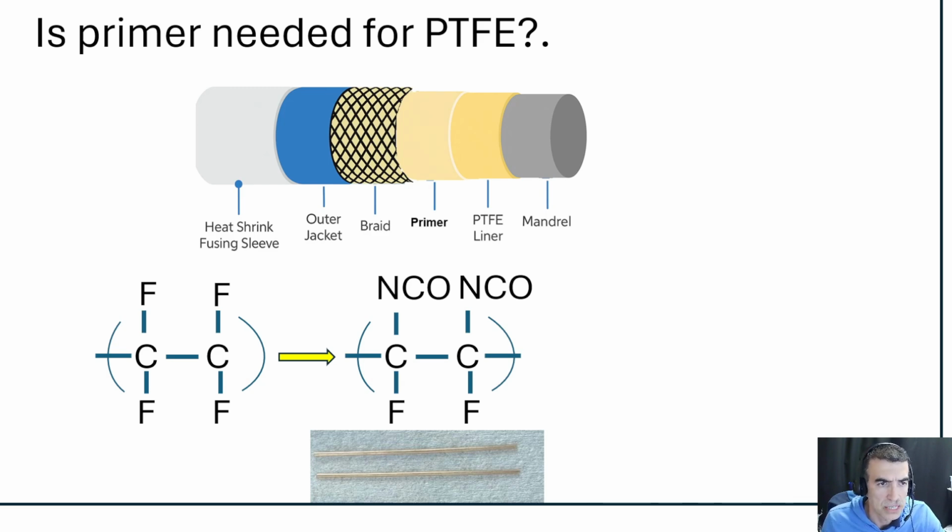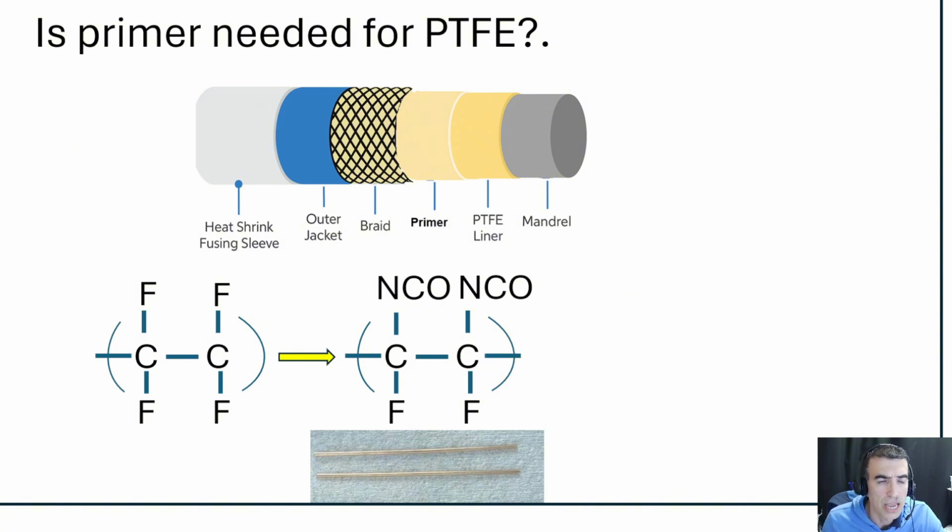When you knock off these 2 fluorine groups, you can use a primer, and the primer would replace the fluorine group with a more functional group that can react with other material more easily. So basically when you're doing that, you are making the bond with the outer jacket stronger.